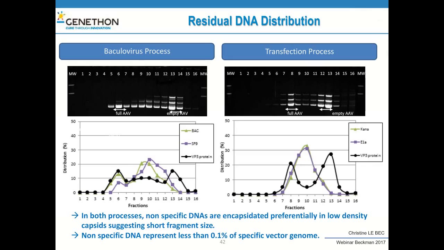And you can see on the graph that almost all these impurities are present in the fragment as a small part, a small size, and in the fraction 7 to 12 as intermediate species, and also the intermediate species for the transfection process contain only this type of contaminants. We have to notice that this non-specific DNA represents less than 0.1% of specific vector genome, which is a very small amount.